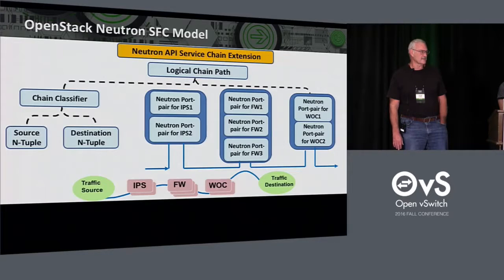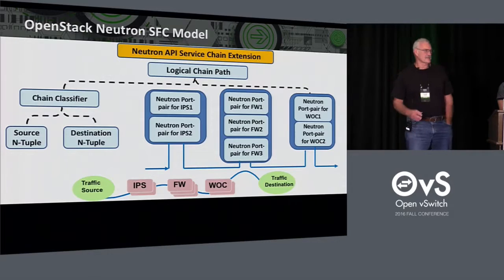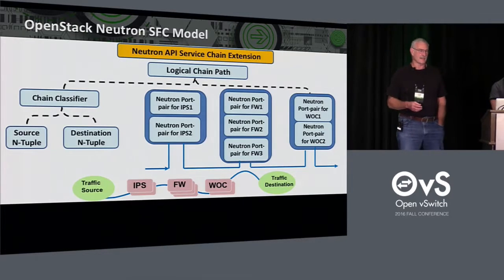That comprises a number of port pair groups. Each service function is represented by a port pair, the ingress and egress ports of a service function. We can combine them into a port pair group, which allows load balancing over a number of similar service functions. Those port pair groups are then chained together to form the chain.